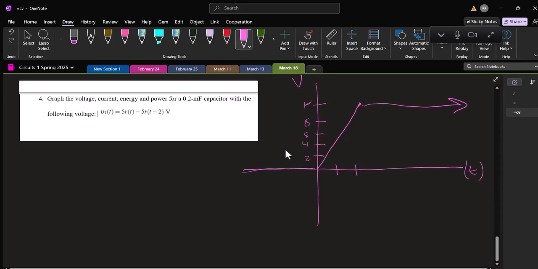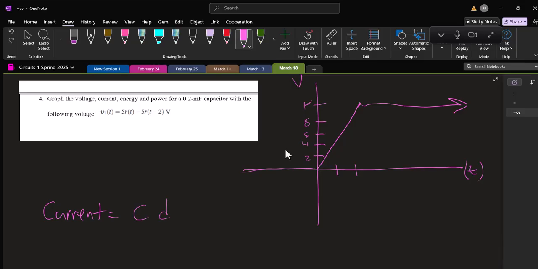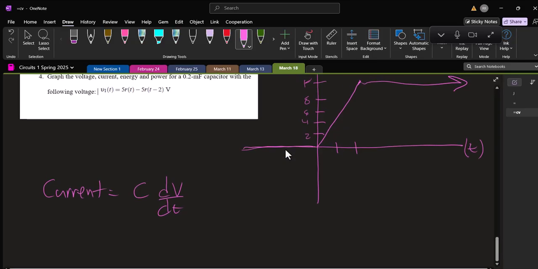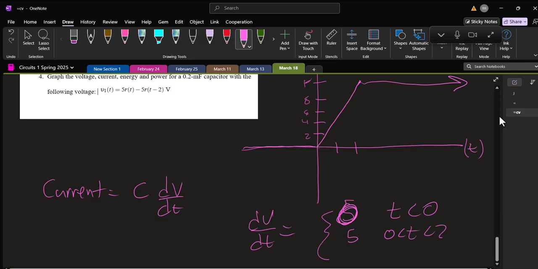Okay, so we know current equals C dV/dt. dV/dt would be the slope of our voltage graph. So it equals 0 for t less than 0, 5 for t between 0 and 2, and 0 for t greater than 2.